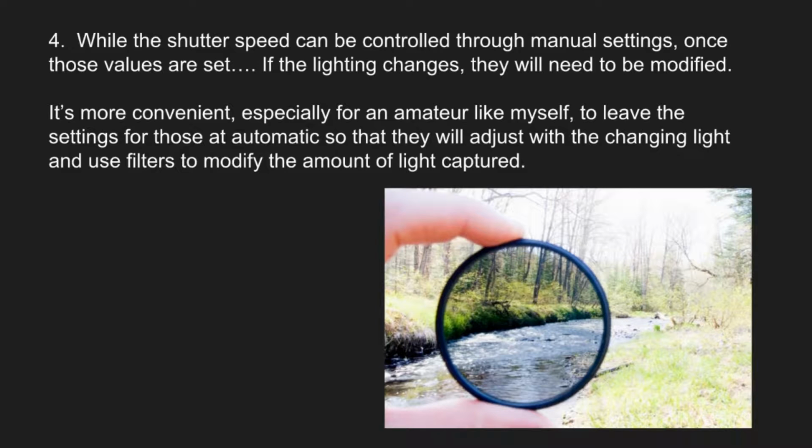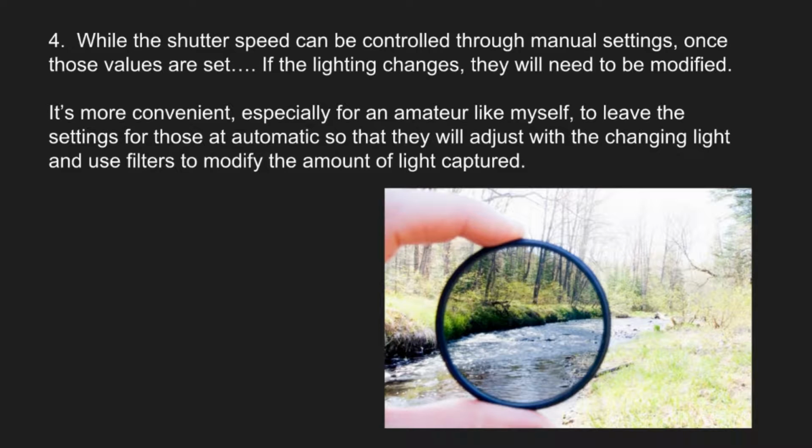What we do is we fool the camera into thinking that we've changed the aperture. We've reduced the diameter of the aperture, and we do that through filters. If we are able to limit the number of photons coming in, it fools the camera into thinking that the aperture is smaller and that it can have a longer time with the shutter open.